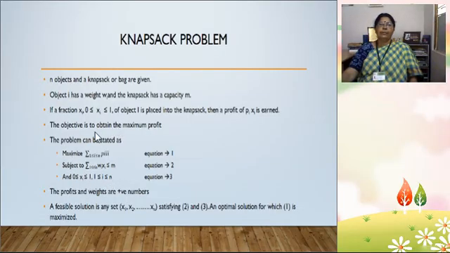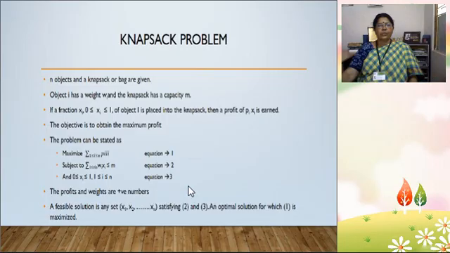So the knapsack problem can be mathematically stated as maximization of summation of Pi Xi subject to summation of Wi Xi less than or equal to M, and the value of Xi lies between 0 and 1. The profits and weights are considered as positive numbers.